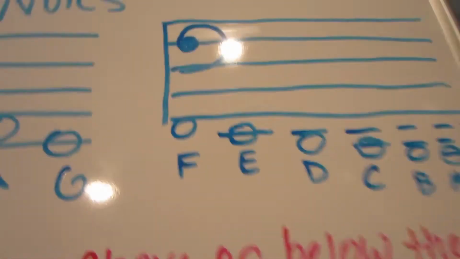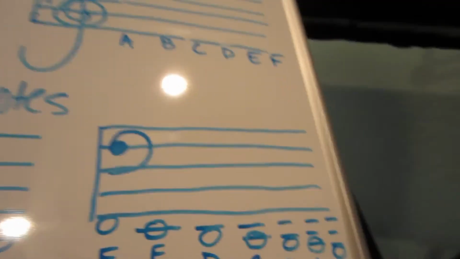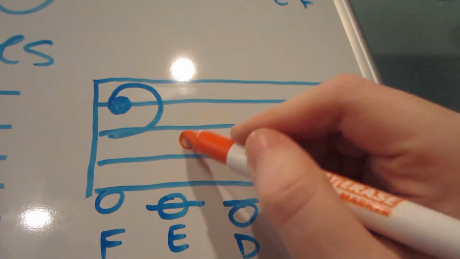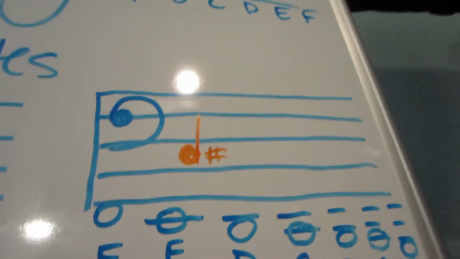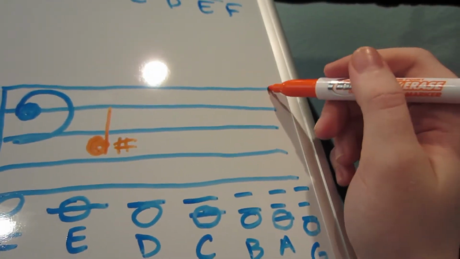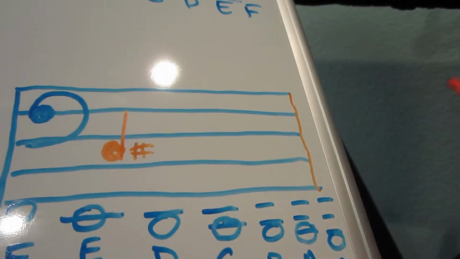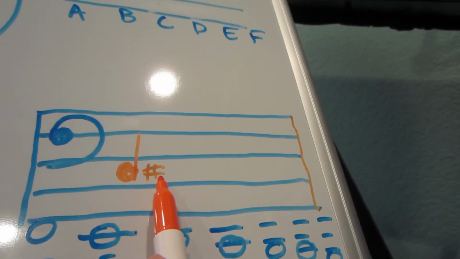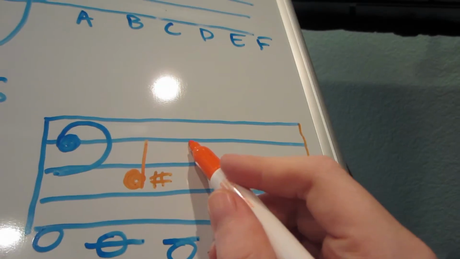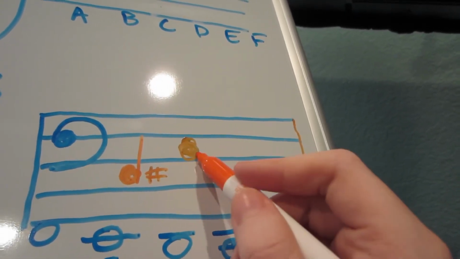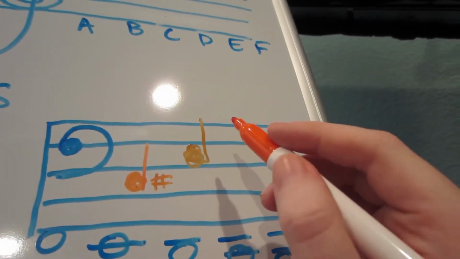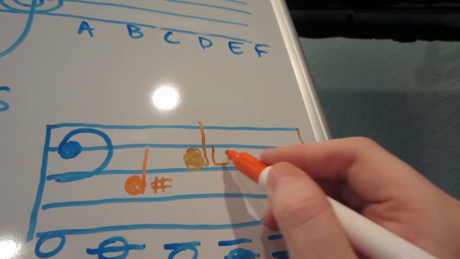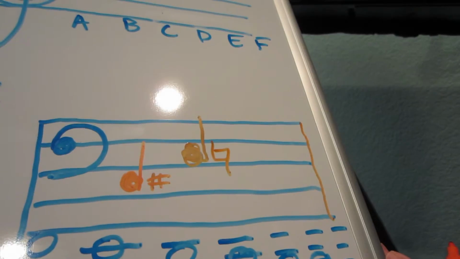Whoops! So, if you have a note like this, and you make it a sharp, and there's a line here, that usually means that this note here is also a sharp, unless you put the natural sign next to it.